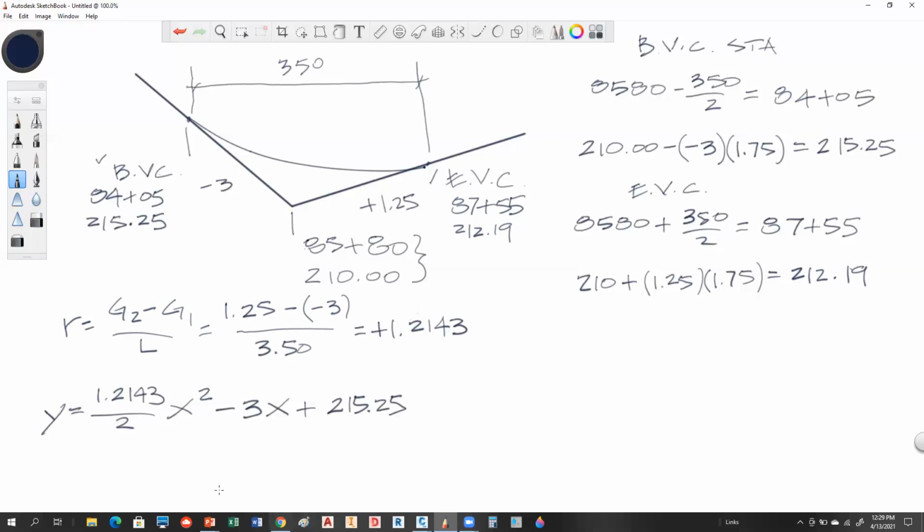Who can tell me how we check this to make sure this equation is correct? What do we plug into this equation to verify it? Well, we already know this station right here. If we plug in 3.5 for x, what should we get as our answer?